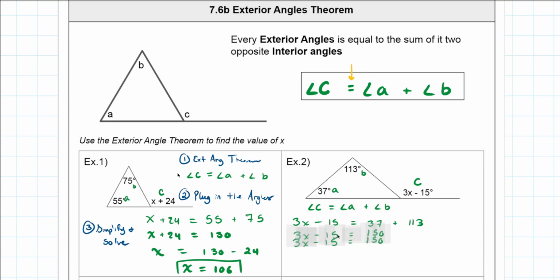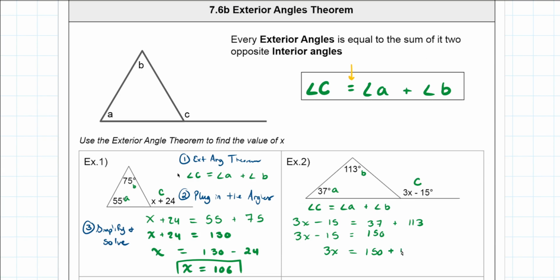All right. Let's move up a little bit higher here. We're running out of room, so let's just squeeze that up a little bit higher. I'm going to move that 15 to the other side. 3x is equal to 150 plus 15. And be careful here.